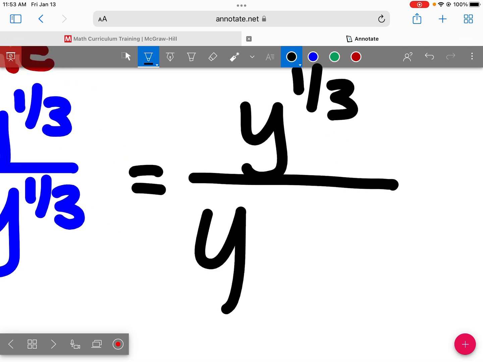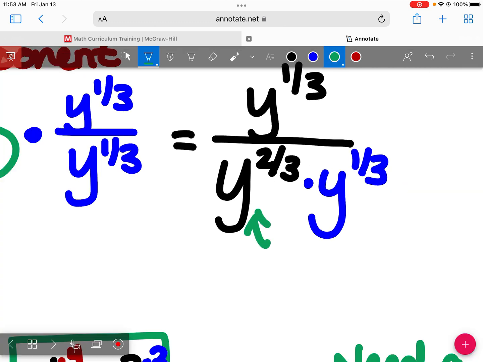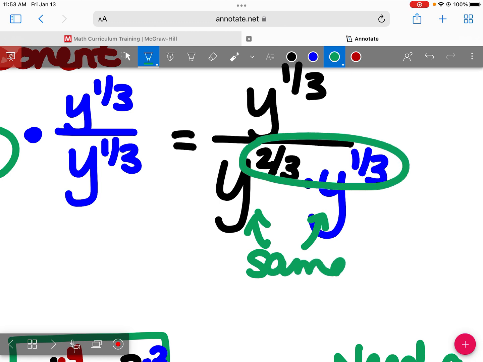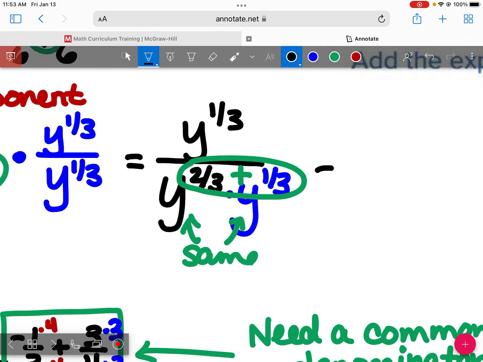Down in the denominator, I have y to the 2/3 times y to the 1/3. Are these the same? Yes. Since they are the same, what do I do with the exponents? I add them. Do I have a common denominator? Yes.